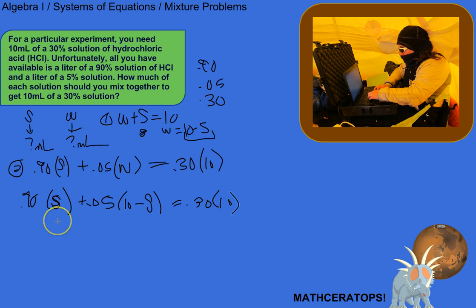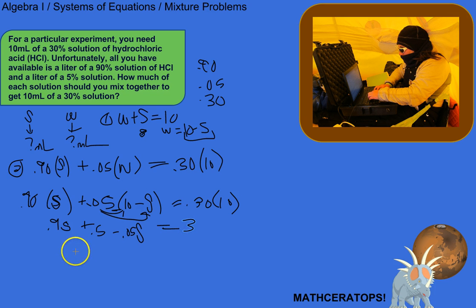All right, so let's just clean this up a little bit. I'm going to call that 0.9 S plus 0.05. So we've got to distribute this 0.05. So we've got 0.05 times 10 is 0.5, and then 0.05 times negative S is negative 0.05 S, equals 0.3 times 10, which is just 3.